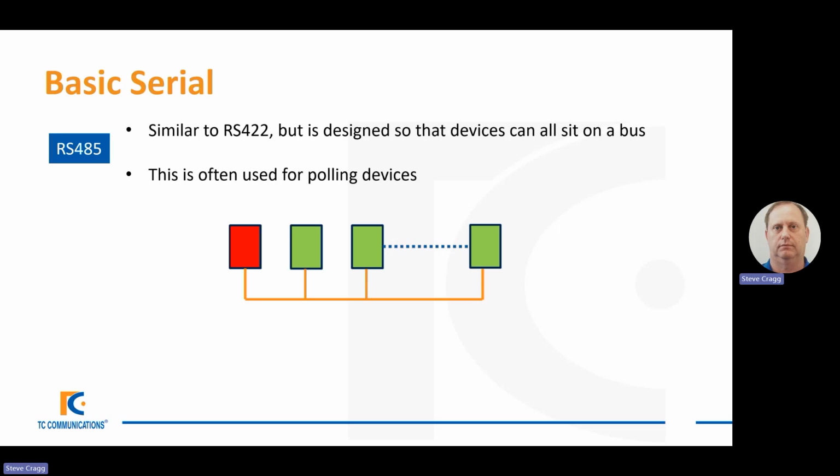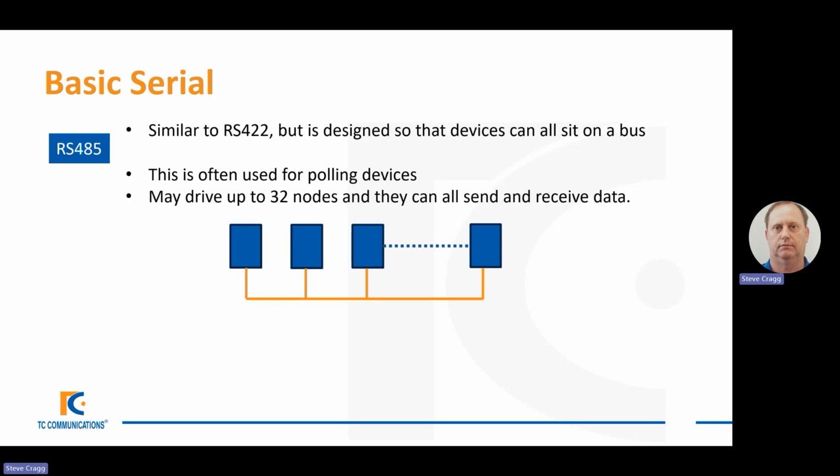So that's very, very simple, very similar to how devices are used a lot for things such as SCADA, polling devices, and so on. Now, there is actually nothing to stop you driving up to as many as 32 nodes, and they can all send and receive data.